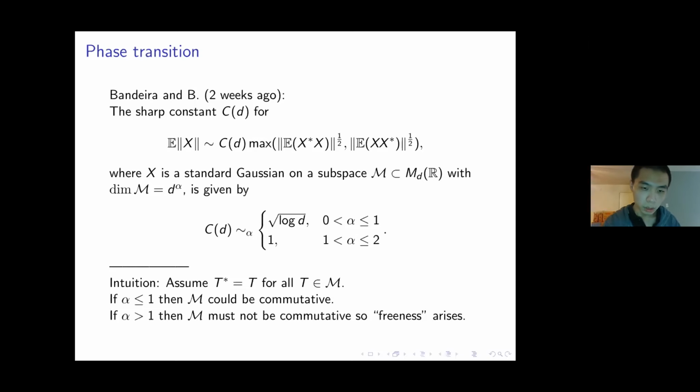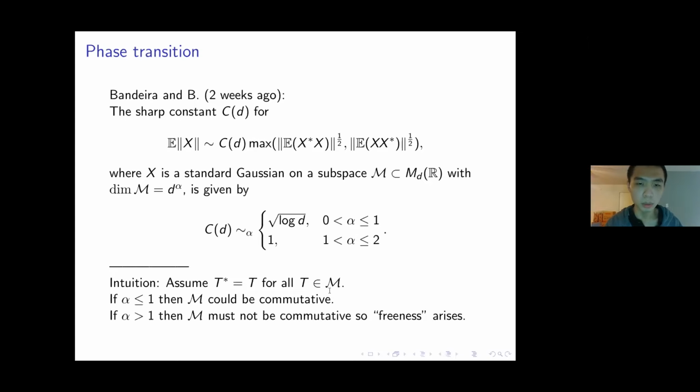Okay. And then if alpha is bigger than 1, then the dimension of M is strictly bigger than D. And if the dimension of M is strictly bigger than D, it's impossible that M is going to be commutative, because if M is commutative and if all the matrices in the subspace are self-adjoint, then we can simultaneously diagonalize all the matrices.